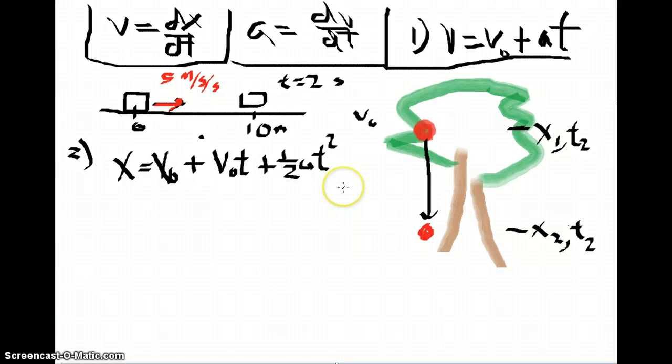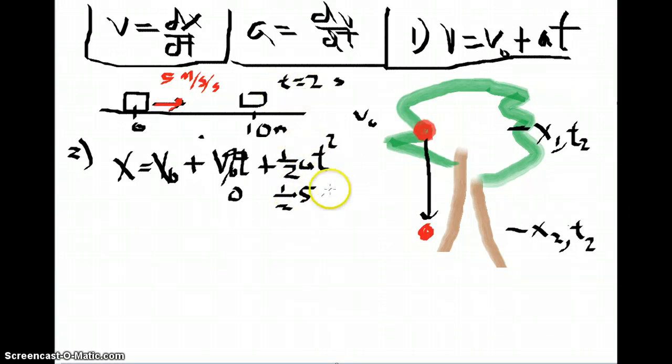And so now you can see that if we wanted to calculate that this was indeed 10 meters without cheating, we could say that for our example up here, our v naught was 0. This goes to nothing. And then our a, again, was 5 meters per second squared. So 1/2 times 5 meters per second squared times t squared.